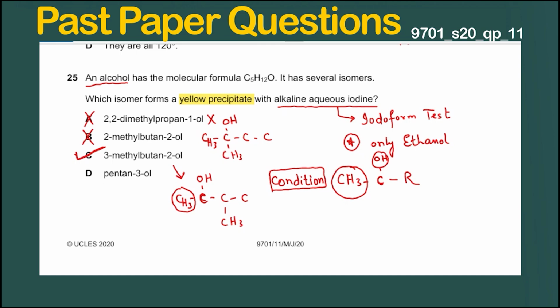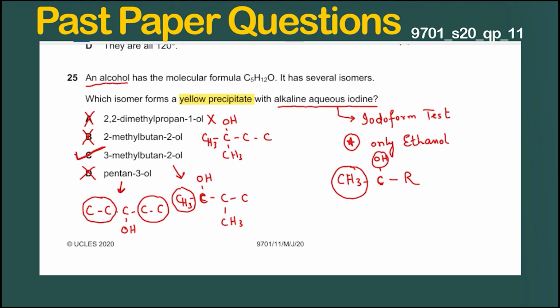Okay? So it can give the positive iodoform test. In the last option, pentane 3-ol. 1, 2, 3, 4 and 5. OH is attached with this carbon. Beta, although this is a secondary alcohol, it has an ethyl group on both sides. So that's why it cannot give the positive iodoform test. Hope this concept is understood to you.